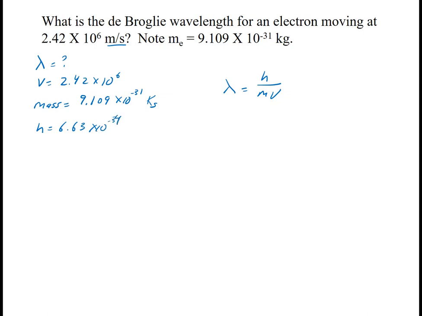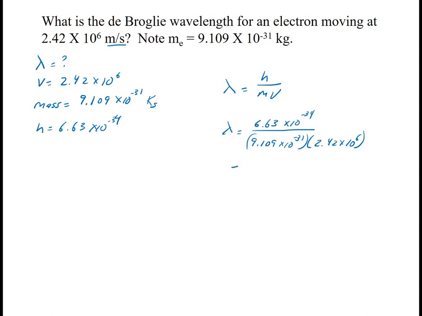So the wavelength is 6.63 times 10 to the negative 34 divided by the mass of 9.109 times 10 to the minus 31 and divided by 2.42 times 10 to the 6th. So when I enter this, I want to enter 6.63 e to the minus 34, divided by 9.109 e to the minus 31, divided by 2.42 times 10 to the 6th.